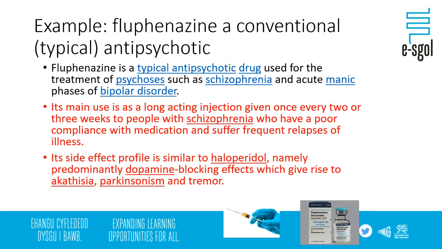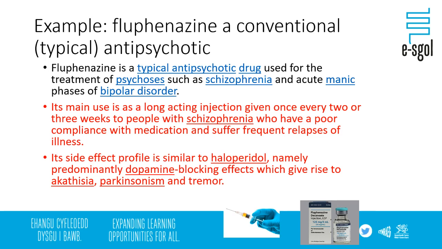And I think the second and third bullet points here are really interesting, because it's actually not taken as an oral tablet. It is a long-lasting injection given every 1 to 2 weeks for people with schizophrenia who have poor compliance with medication.